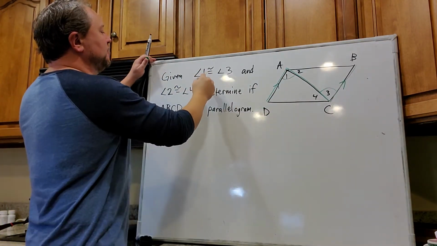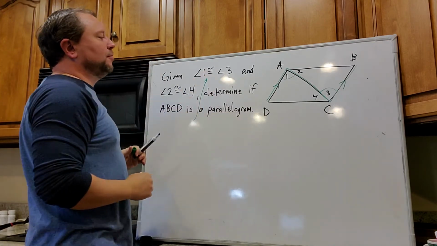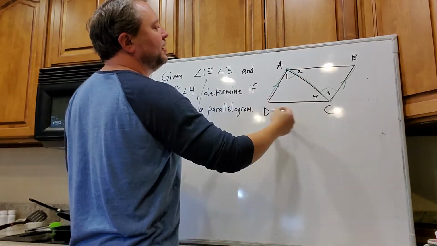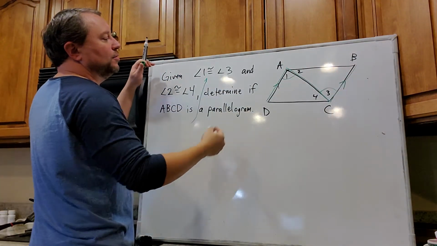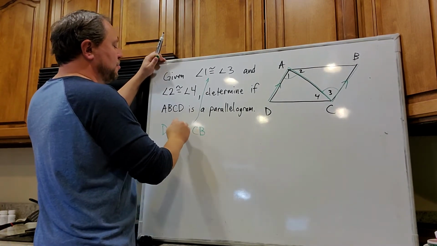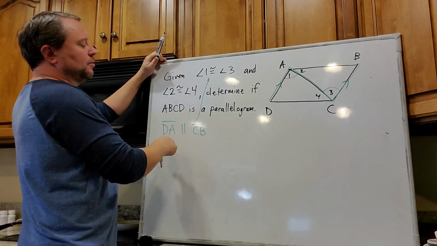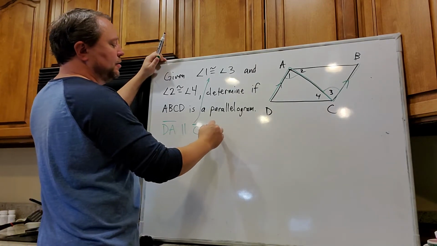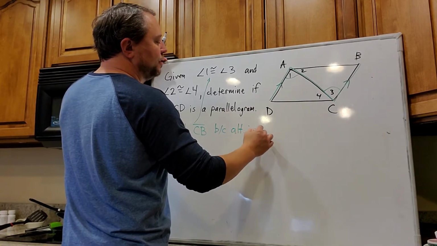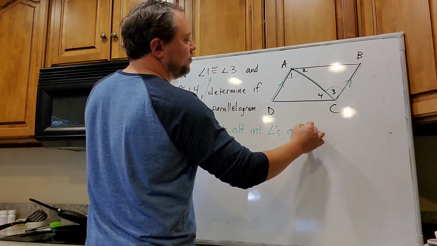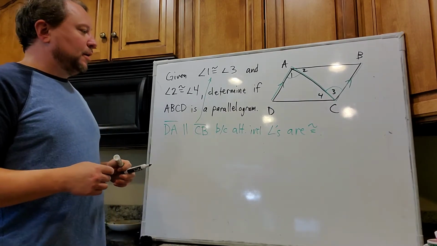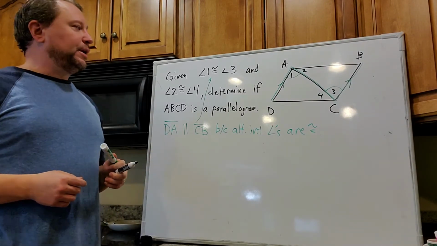So just based off of the fact that 1 was congruent to 3, we now know that this side DA and this side BC, or CB, those two sides then have to be parallel. So DA is parallel to CB because the alternate interior angles are the same. That again goes back to chapter 3.